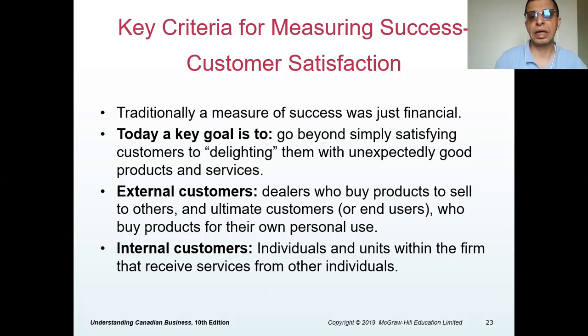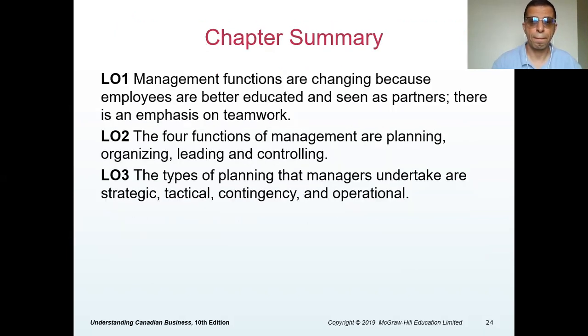Today, the goal is delighting the customer, not customer satisfaction. Get them excited, happy to get this service and product from you. And you have what you call external customers and internal customers. You need to deal with these people. They could be the dealers who promote your product, or it could be the inside people. They are also your customers.